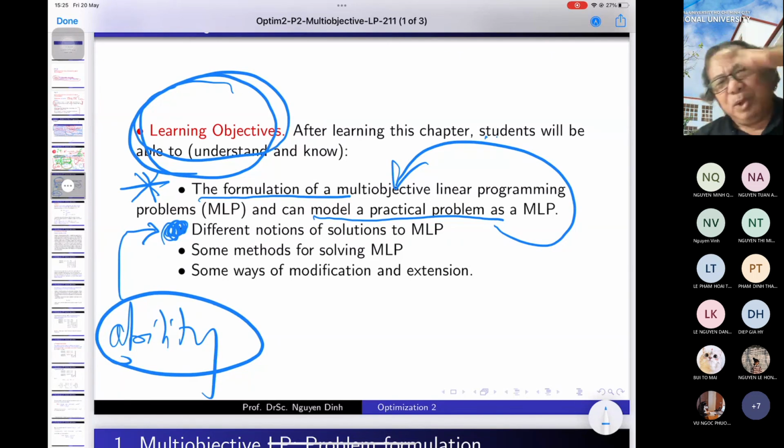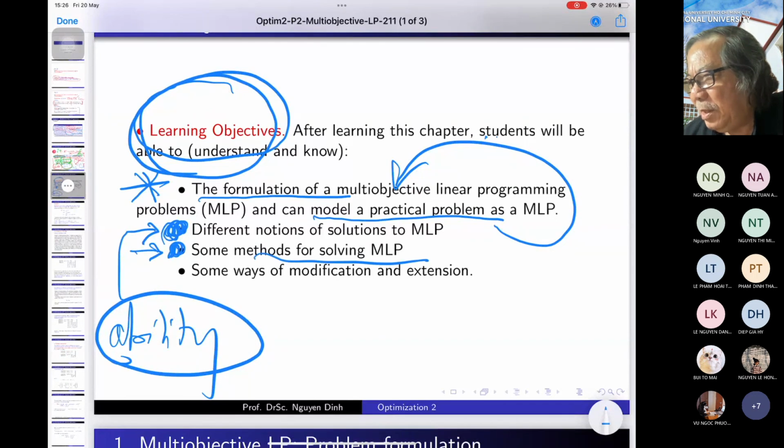For the linear programming, there is just one objective function, so the solution has just one meaning: a vector x such that c transpose x is the infimum among all the x satisfying the constraint. Just one sense, but here different senses. This chapter also supplies some methods for solving this.